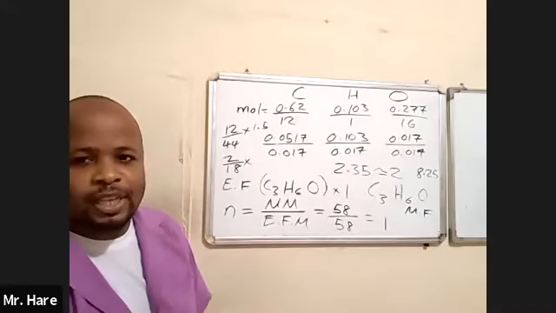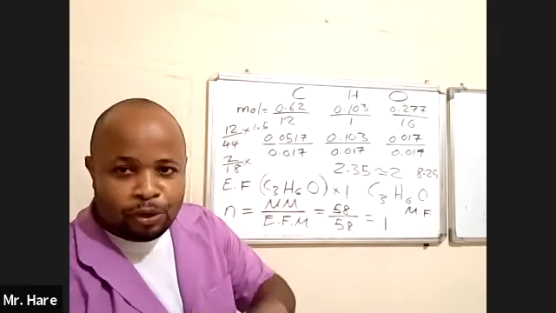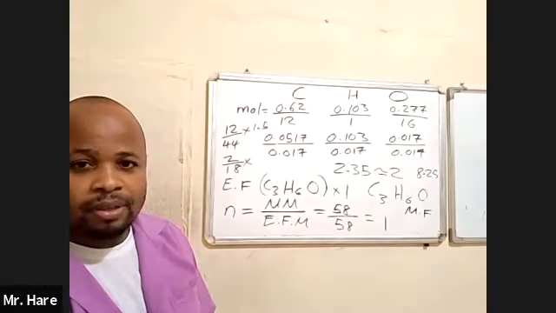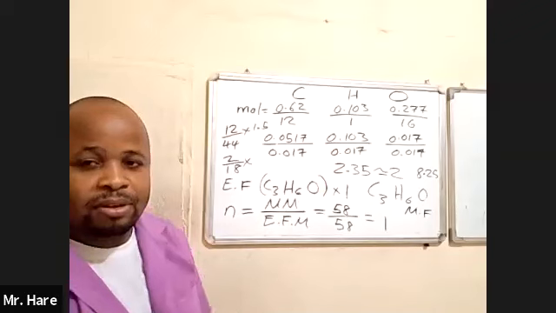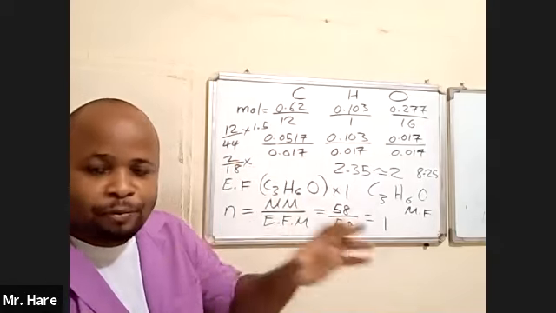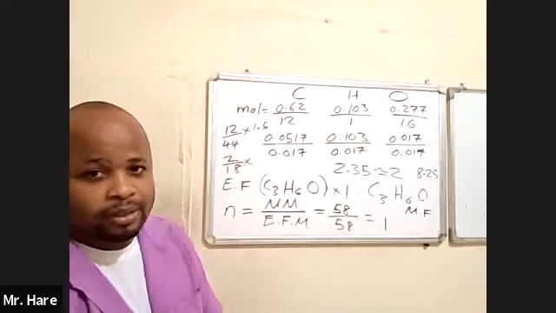Yes, sir. When you get 2.35, don't round it off. It is not close enough. In the case of 2.5, you multiply by a number to get a whole number. So I'm saying once it's below 0.3, you round it off. And if it's 0.75 or more, you can round it up. But not when you're getting like 0.3 something, 0.4, 0.6, you don't want to round it off. Right? Yes, sir. Thanks.